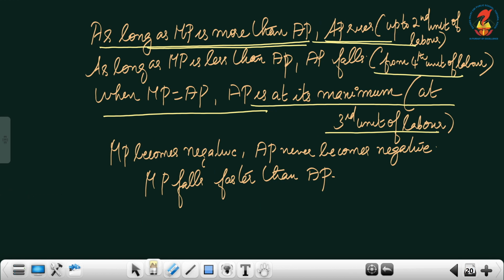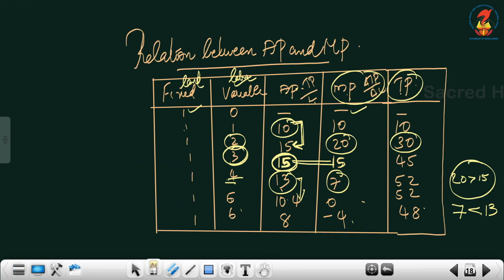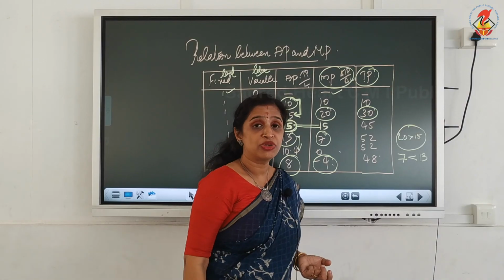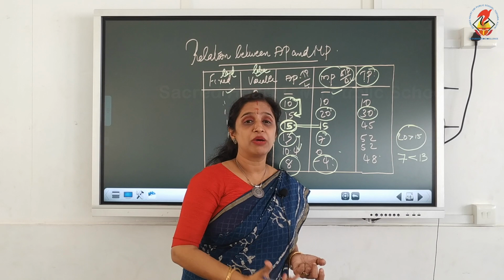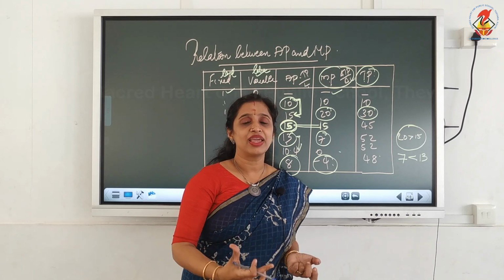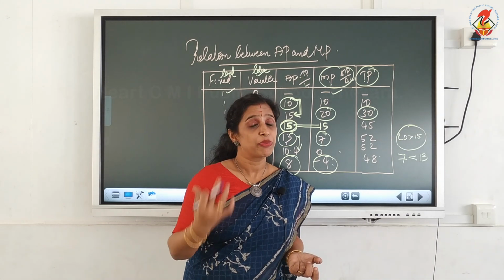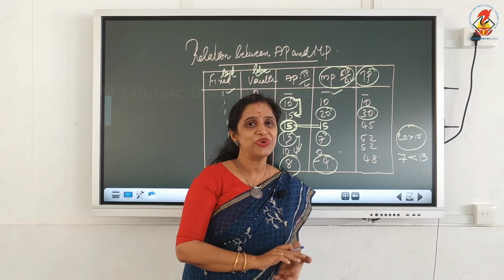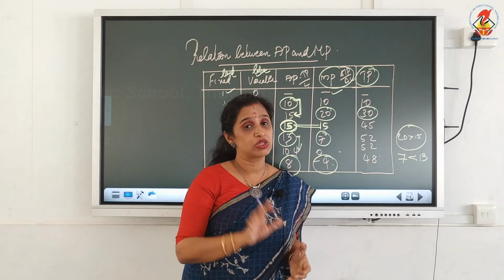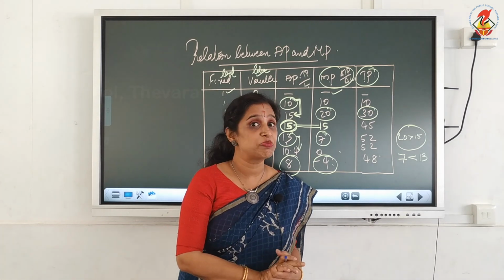Next relationship is, MP becomes negative, AP never becomes negative. MP falls faster than AP, isn't it? You can find it. MP is becoming negative, but AP remains positive. Why? Because if MP is becoming negative, the producer will not be inclined to do the same process again and again, because a negative value is already experienced.